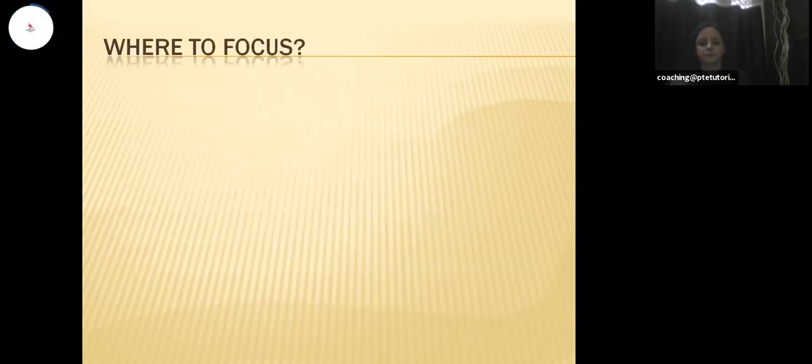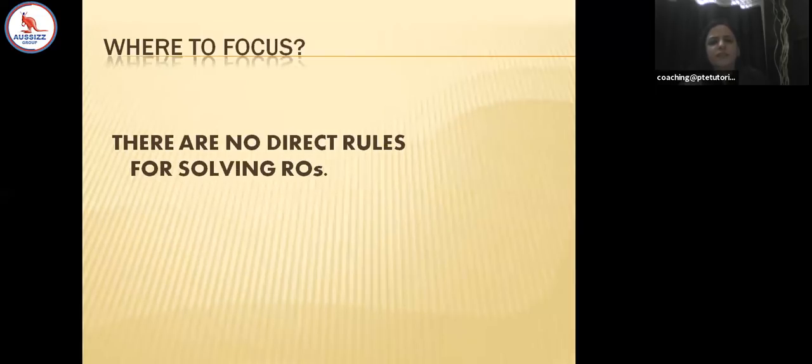Next, where to focus? Actually, there are no direct rules that I can tell you, this is the rule for reorder paragraphs, follow this and you will be done in the exam. No. Reading always needs only one prior thing, and that is understanding, and understanding varies from one passage to another.